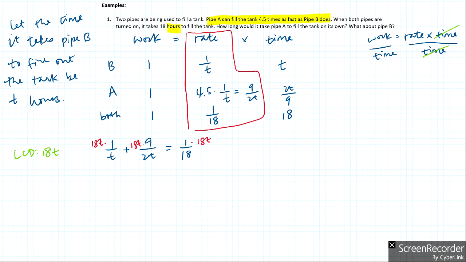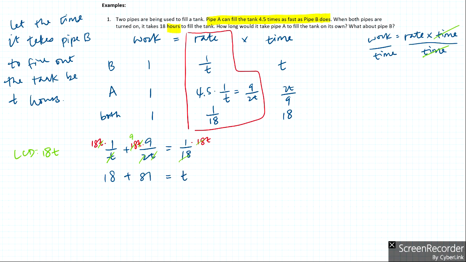Here in the first term, t and t cancel each other out. Then we're left with 18. Second term, we have 18 and 2 cancel out, which leaves us a 9, and also t and t cancel each other out. So 9 times 9 will be 81. And lastly, 18 and 18 cancel out, so we're just left with the variable t.